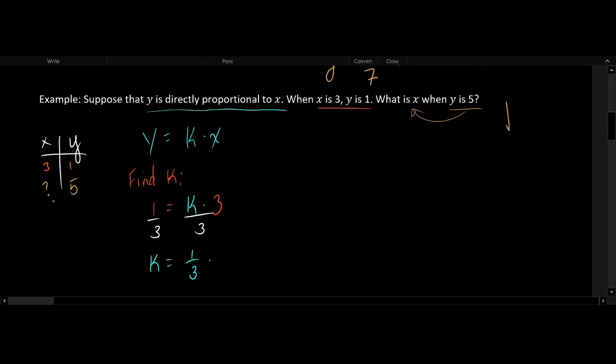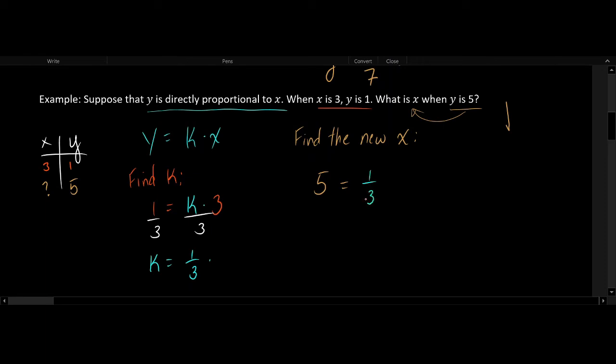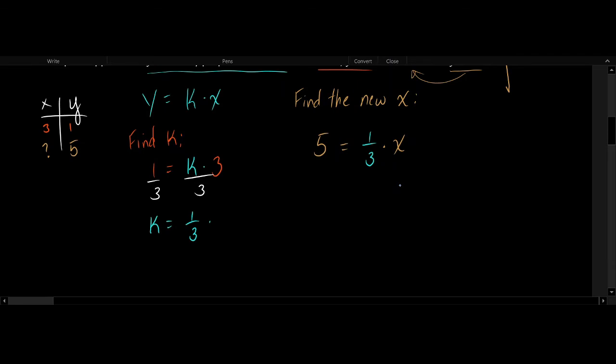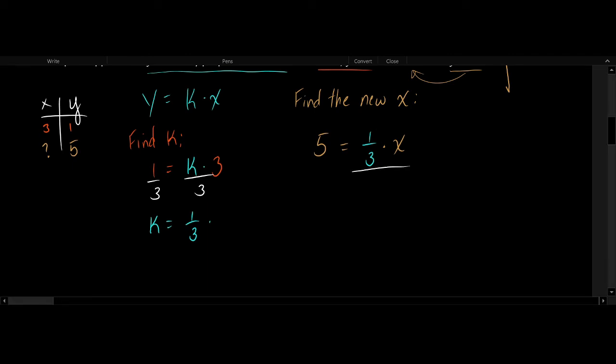Next, let's find the missing value of x. So I'll plug in that the y value is equal to 5. We found the k value is 1/3 times x. Let's solve this for x. In order to isolate x, we need to divide out this multiplied 1/3.